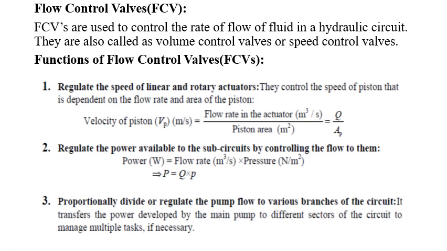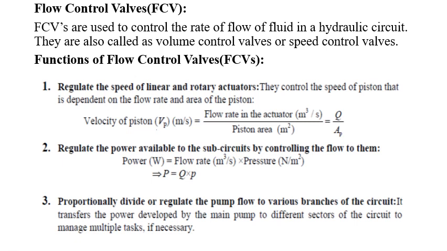First, regulate the speed of linear and rotary actuators. That is, they control the speed of the piston, which is dependent on the flow rate and the area of the piston, and it is denoted by the velocity of the piston Vp in meters per second.